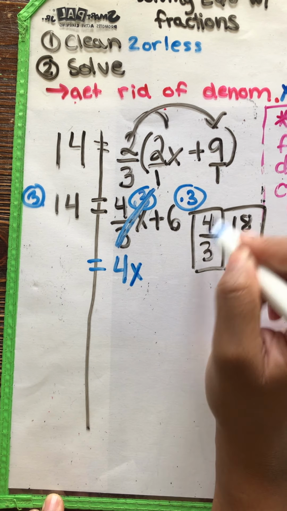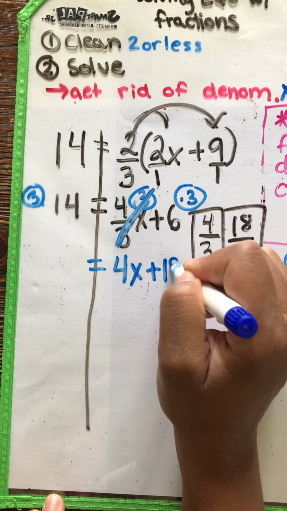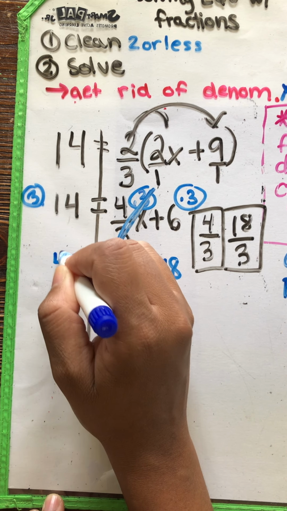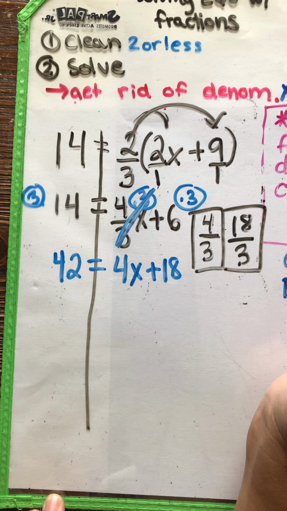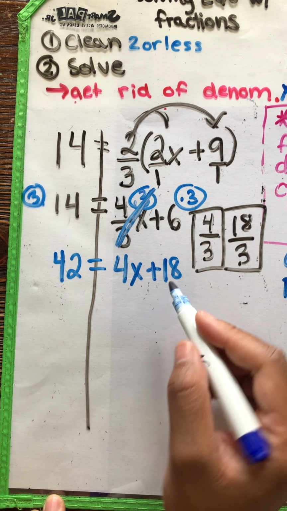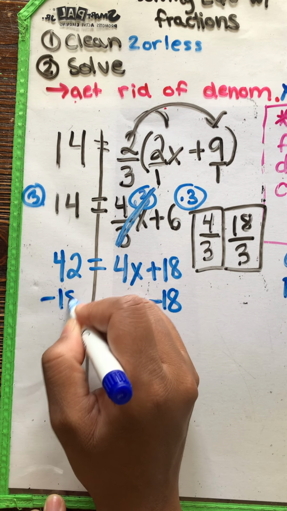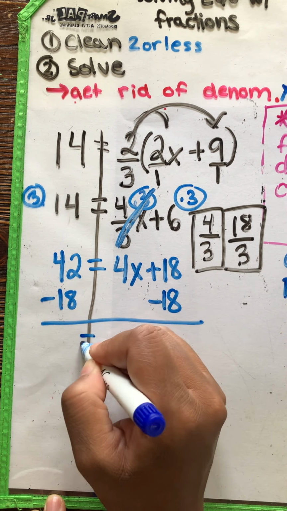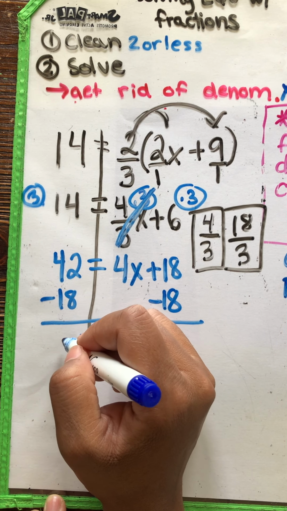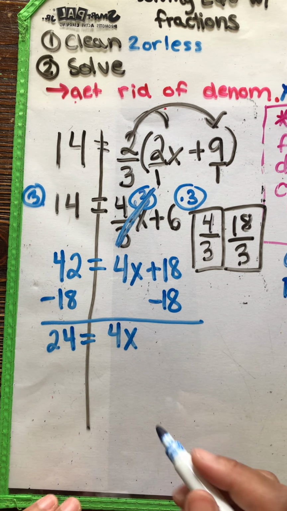If you want to do a recall box like this on the side and then reduce, you're going to get a 4. This becomes a 18. What does this become? A 42. All right, I have a best friend times 4. I have a good friend plus 18. Let's get rid of our good friend. The opposite of a plus 18 is a minus 18. Here I have 24.